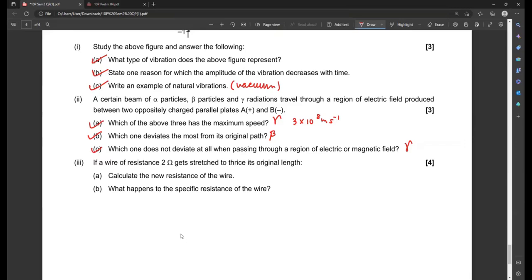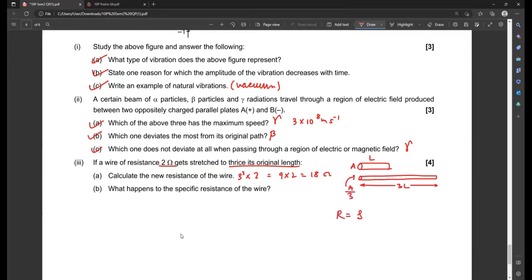So, simple question. If a wire has resistance of 2 ohms and it is stretched to thrice the original length, calculate the new resistance. So that will be 3 squared into 2, that is 9 into 2, that will be 18 ohms. Remember, when a wire is stretched to 3 times its length, the new length is 3 times the length, and the new area of cross section is 1/3.